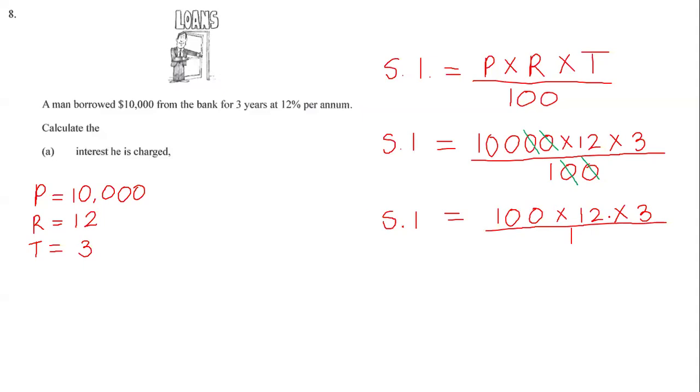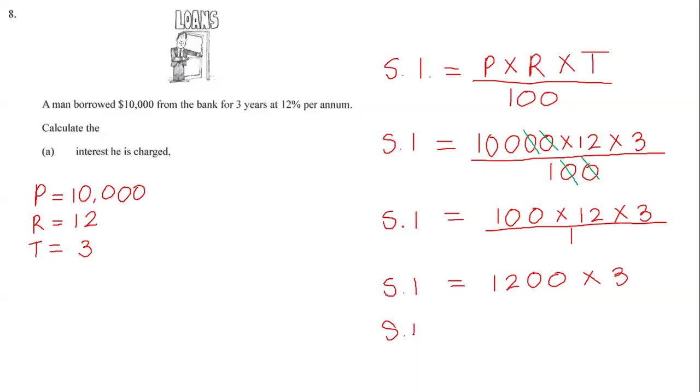What is 12 times 100? 1,200. Times 3 years. And so the simple interest is 3,600.